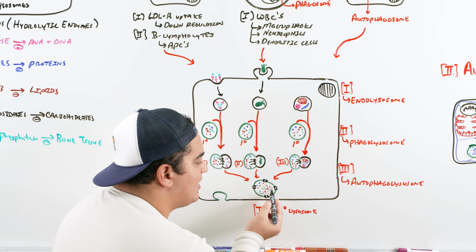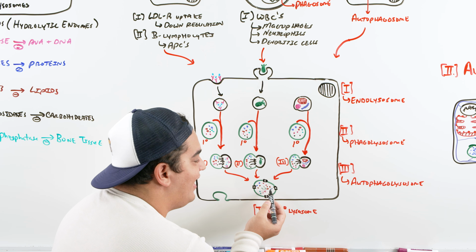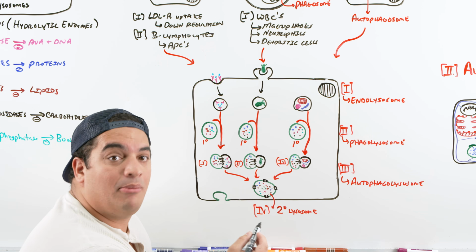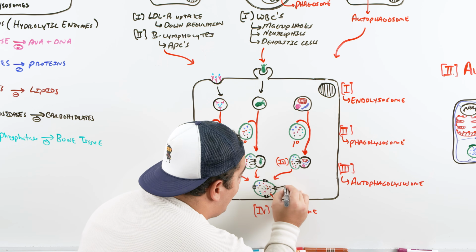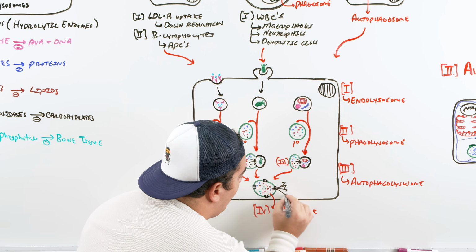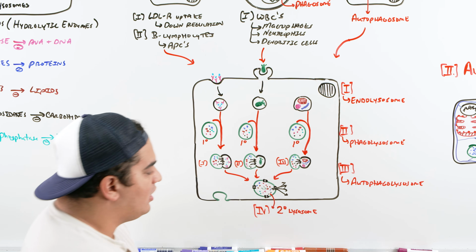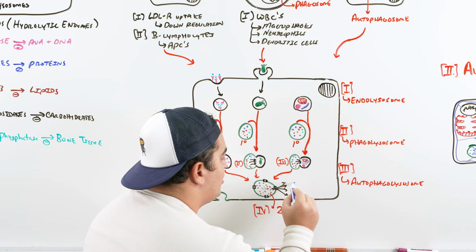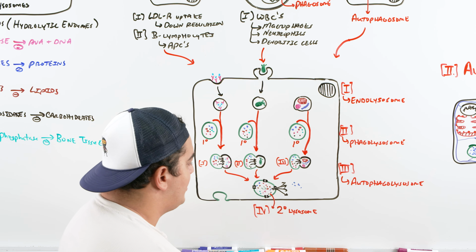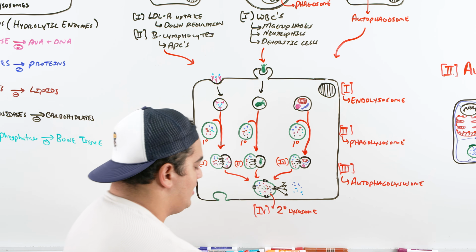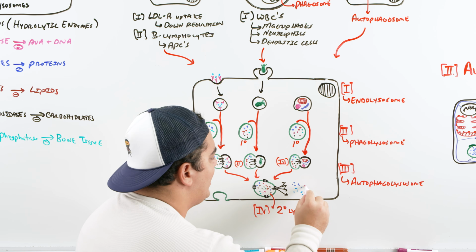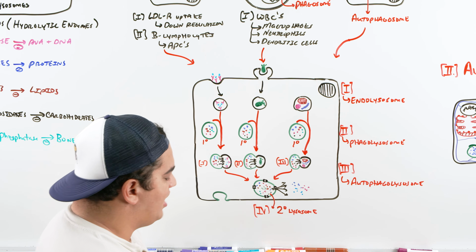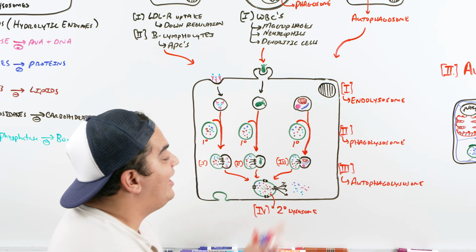I can take nucleic acids and break them down into nucleotides. I can take carbohydrates and break them down into monomers. So what I could do is push and export all of these different molecules, such as small carbohydrates, small amino acids, small lipids, and etc. You get the point.